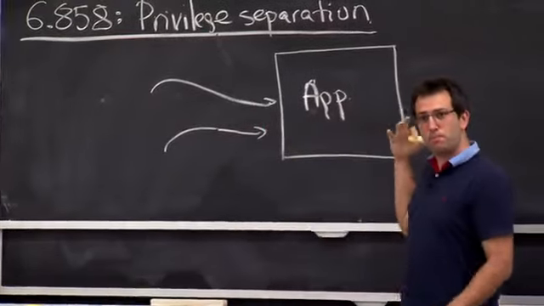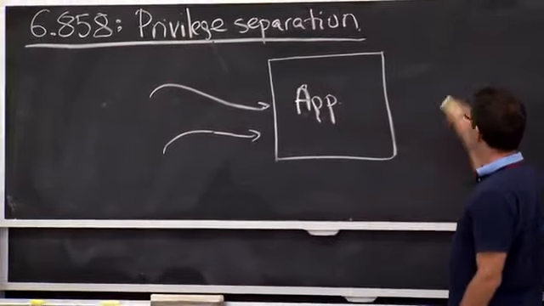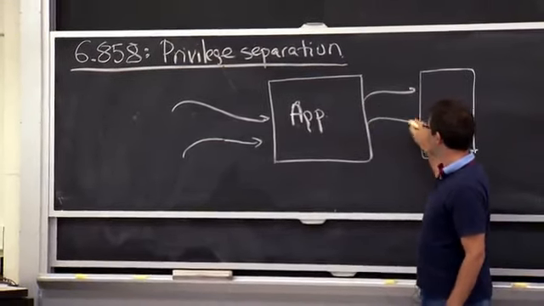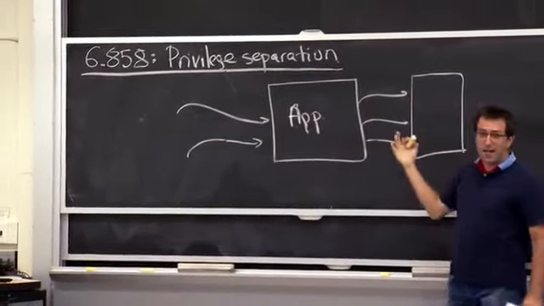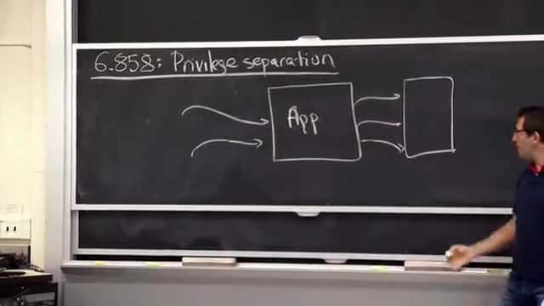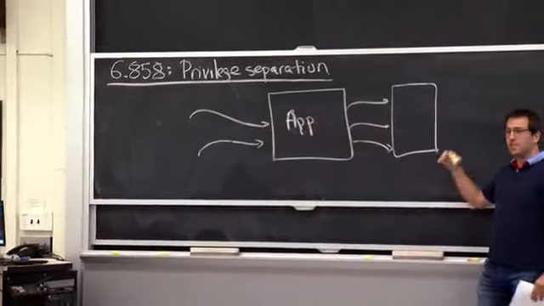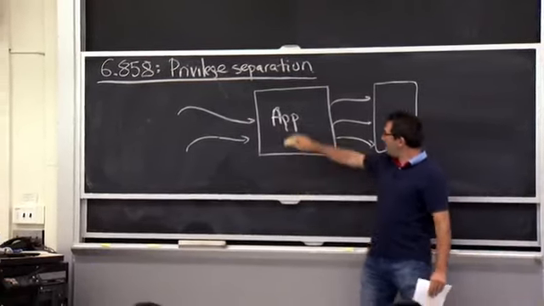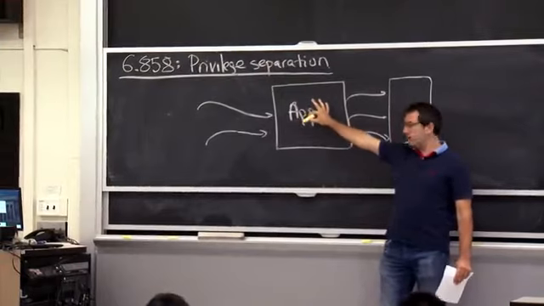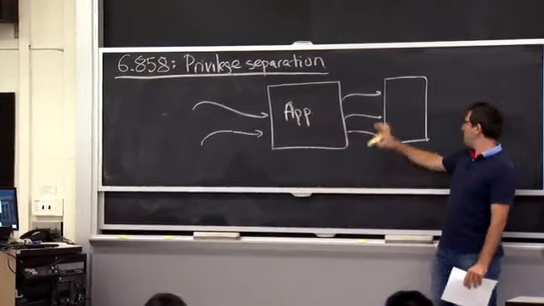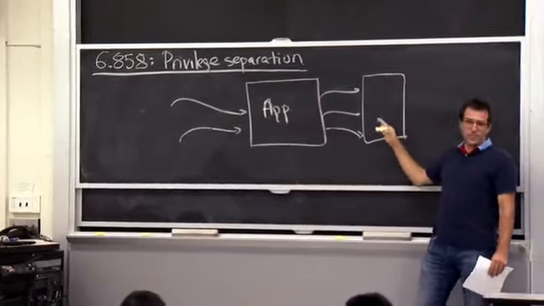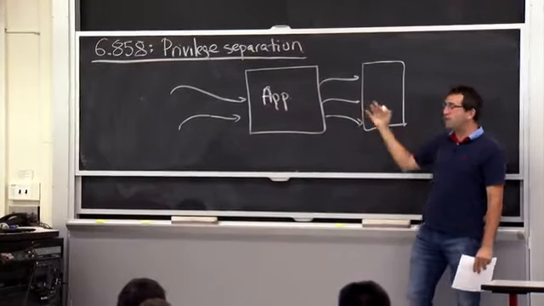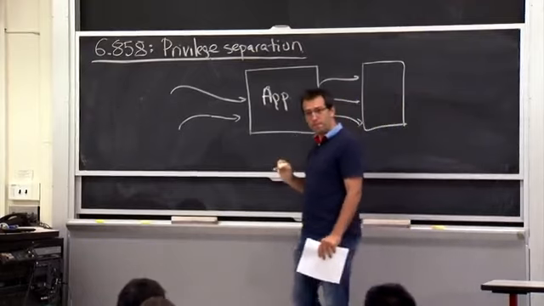And the application is presumably privileged, meaning that there's probably lots of data sitting behind the application that it can access, and maybe delete files like you guys are doing in Lab 1 now, read sensitive data, install backdoors, et cetera. And the problem is that any vulnerability in this large application can allow the attacker to modify any of the state, or basically exercise all of the privileges this application has. And it probably has lots of privileges unless you're careful about it.